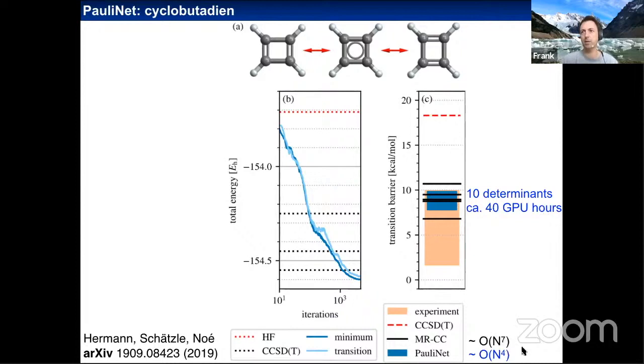Also, our asymptotic scaling is n to the 4, whereas these coupled cluster methods are n to the 7. So we hope with this sort of approach we can go to significantly more electrons, maybe 100, 200 or so, and then get really high accuracy solutions there.